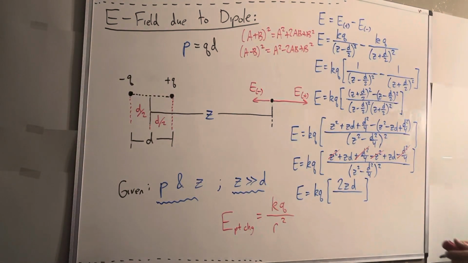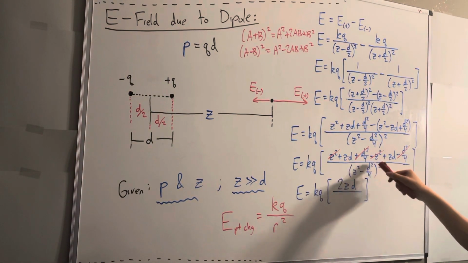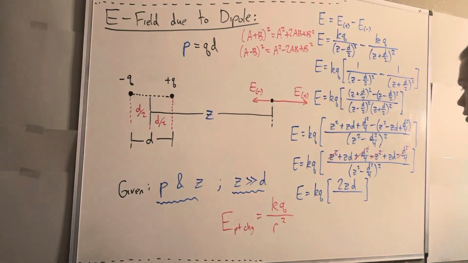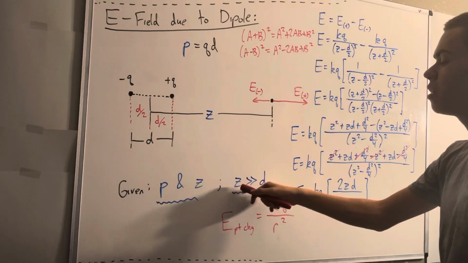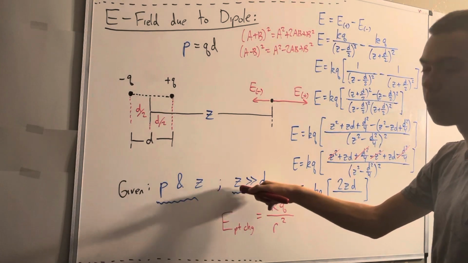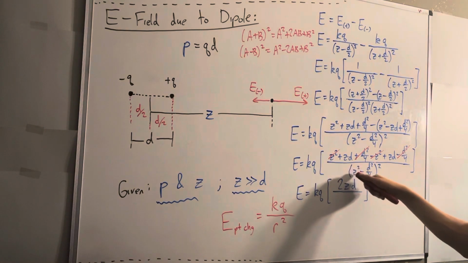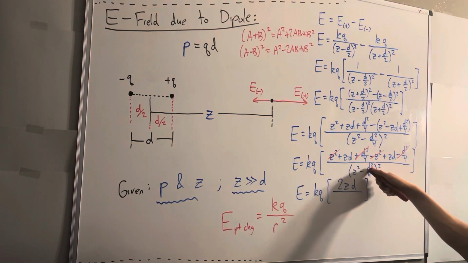But what about in the denominator? At this point, we're able to apply this condition right here. Z is way greater than D. If Z is extremely big compared to D, then you could treat Z as if it's just some ordinary number and D as if it's really, really tiny.